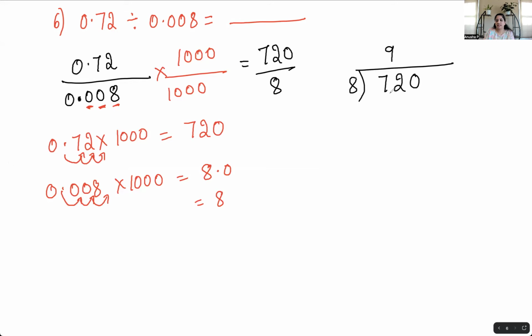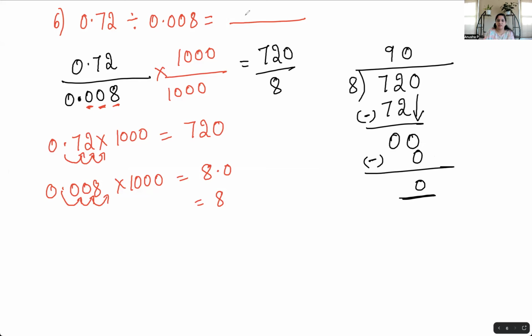Now 8 times 9 is 72. So 72 minus 72 is 0. And then we will bring the 0 down. So 8 times 0 is 0. Now 0 minus 0 is 0. So the answer we got is 90.